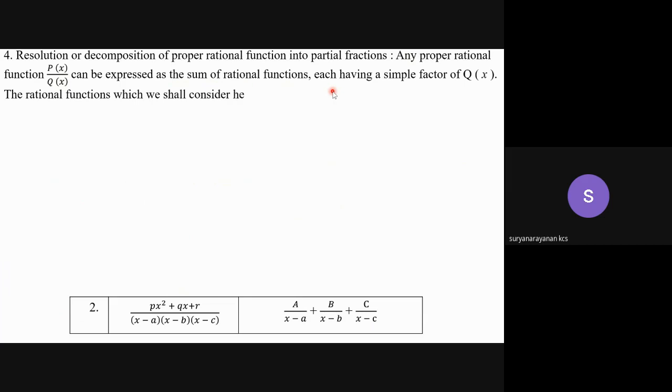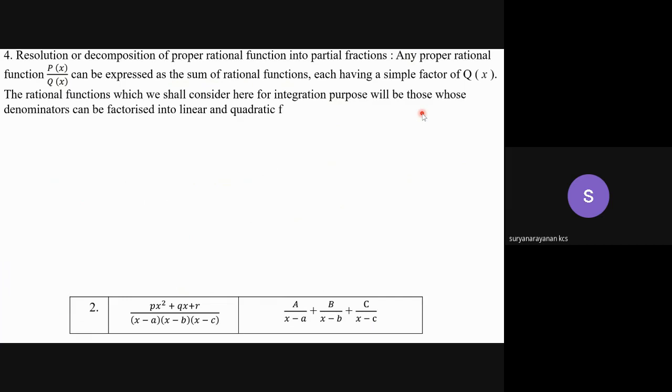The rational functions which we shall consider here for integration purpose will be those whose denominator can be factorized into linear polynomials and quadratic polynomials.